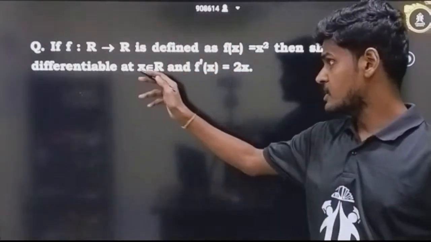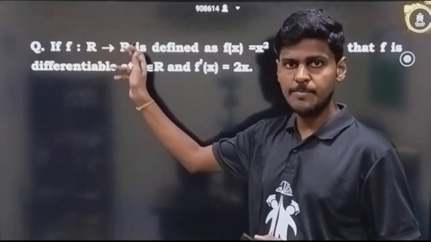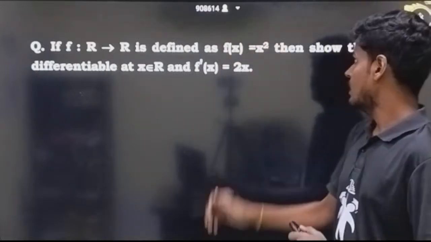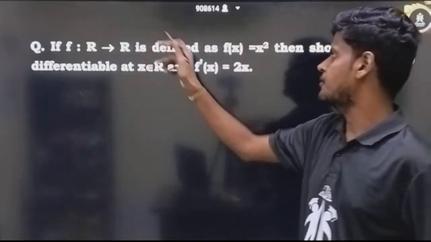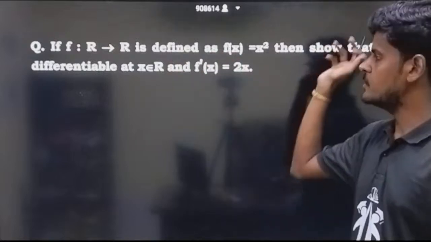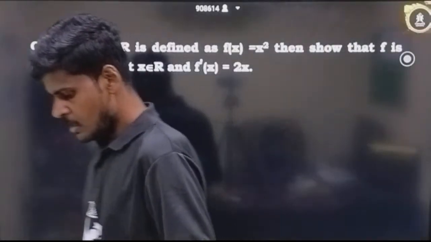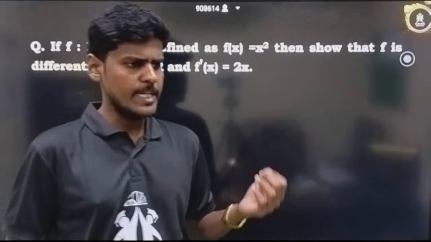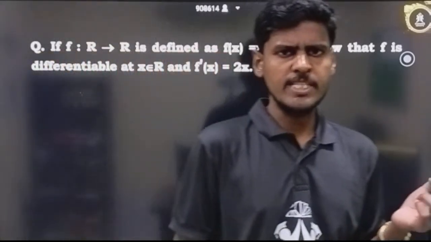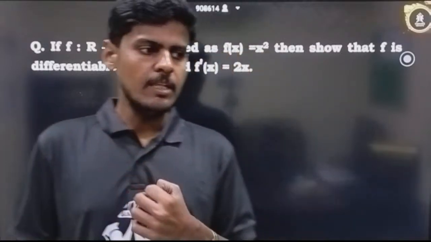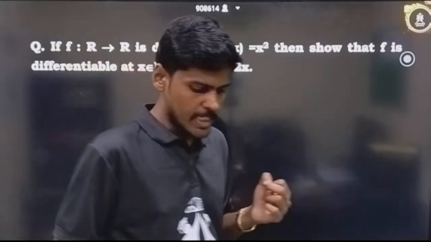Let f be a function defined from real numbers to real numbers as f of x equal to x square. Then show that f is differentiable at all values in the real numbers and f dash of x equal to 2x. For finding f dash of x, we will solve more problems using the first principle method for understanding the concept better.